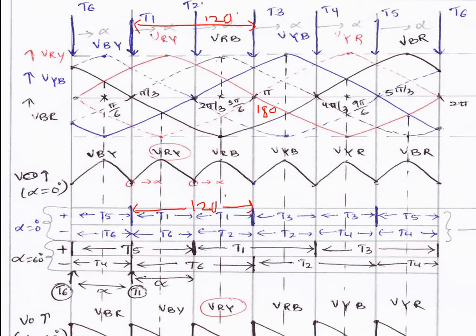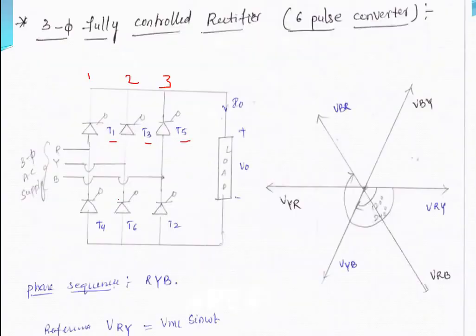So for alpha equal to 0, thyristor T1 conducts from 60 degrees, because the most positive voltage appears at 60 degrees. The sequence of thyristors is T1 and T6. Thyristor 1 is triggered at 60 degrees, which is alpha equal to 0.